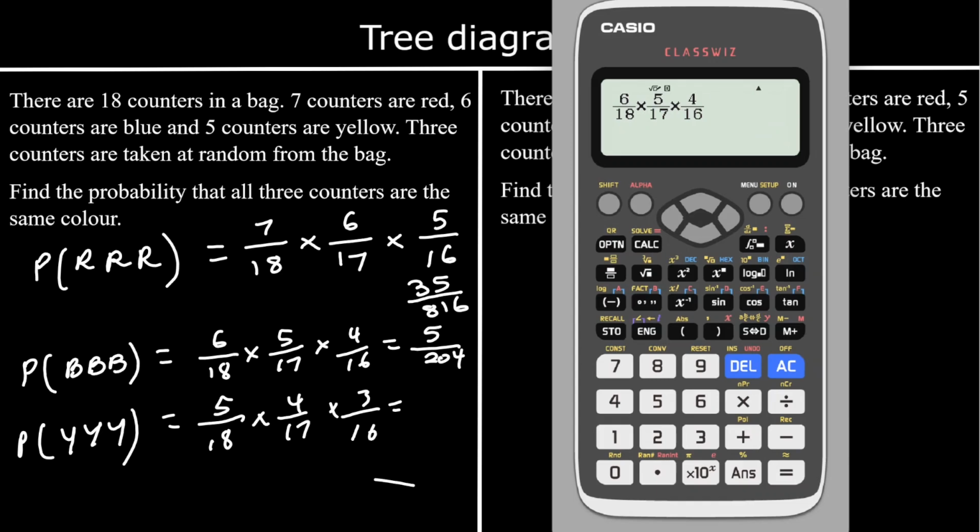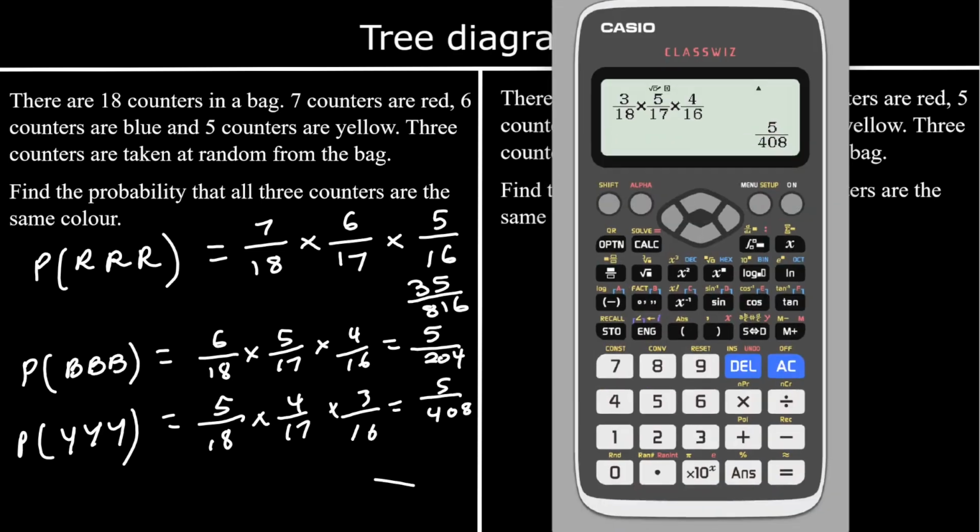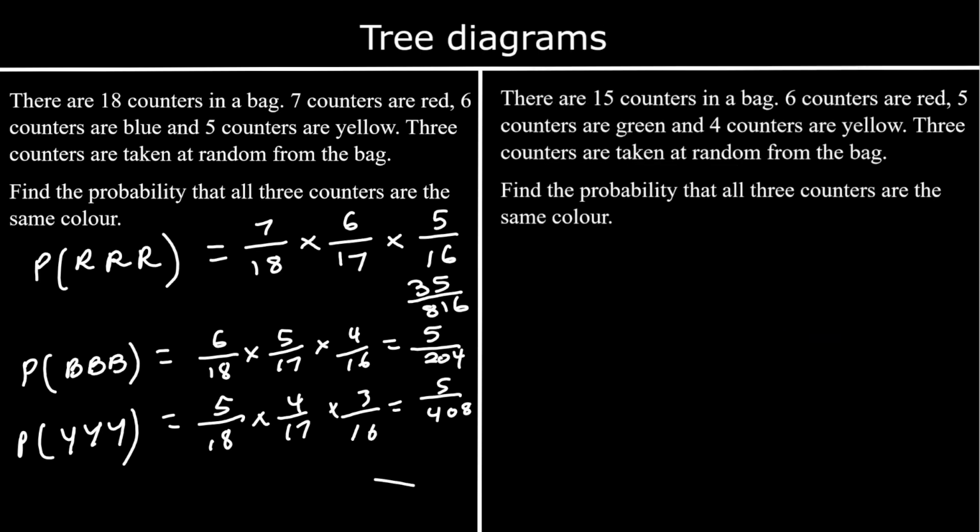And for yellow, yellow, yellow, it's still 5 times 4 times 3 on the top, and 18 times 17 times 16 on the bottom. 5 over 408. So if I add them all together, I get 65 over 816.